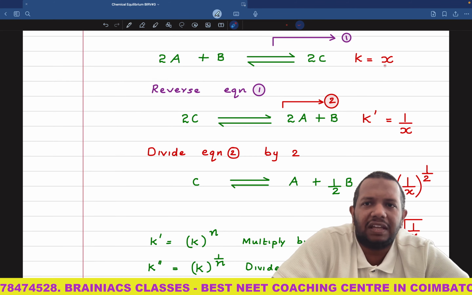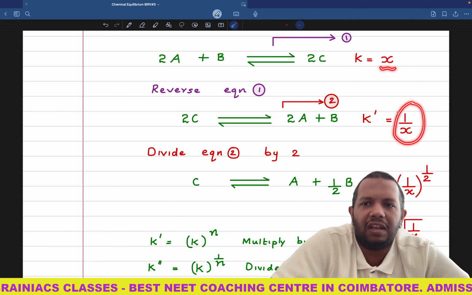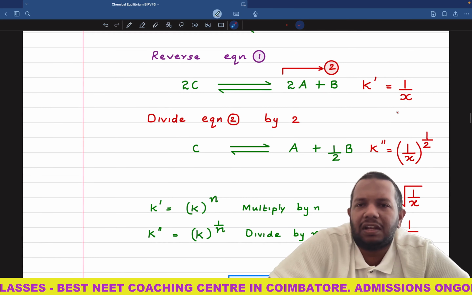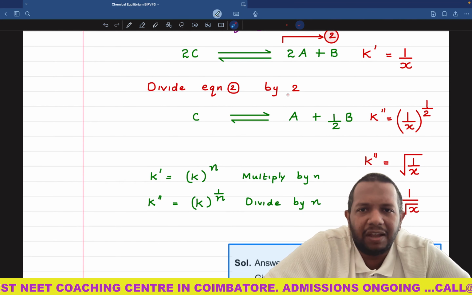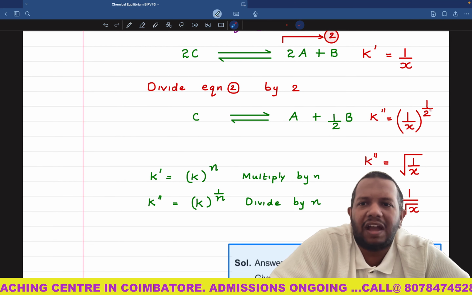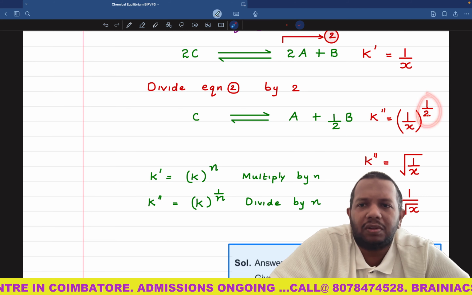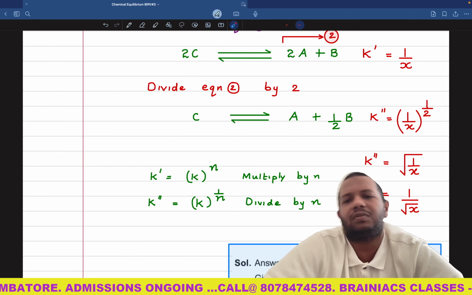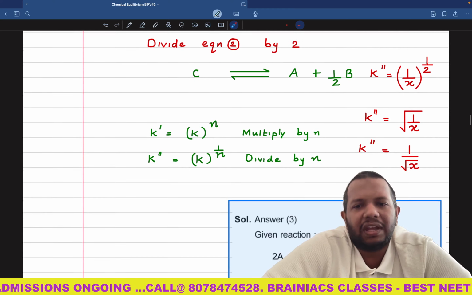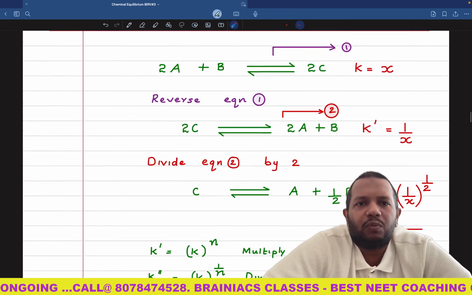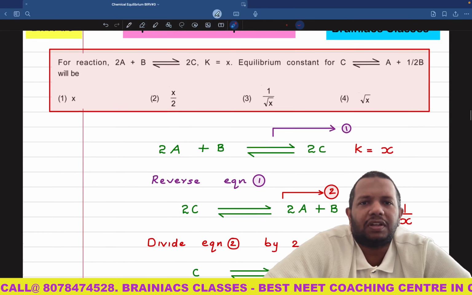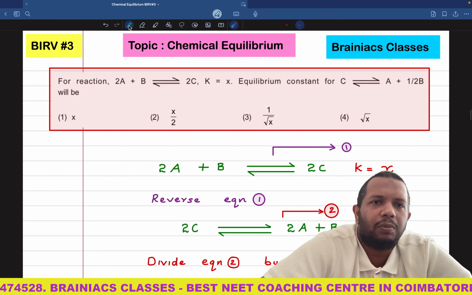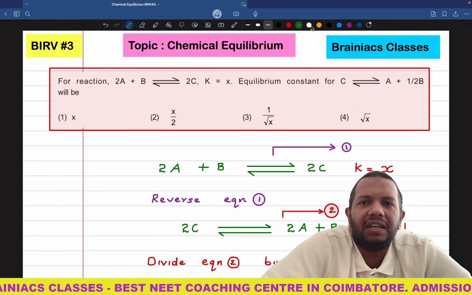On reversing, the equilibrium constant will become the reciprocal. Then the next operation is dividing by 2. On dividing by 2, the value will become raised to 1 by n, where n is the divided number. So you got the answer. Where is it present in the options? Option 3 would be the correct answer.